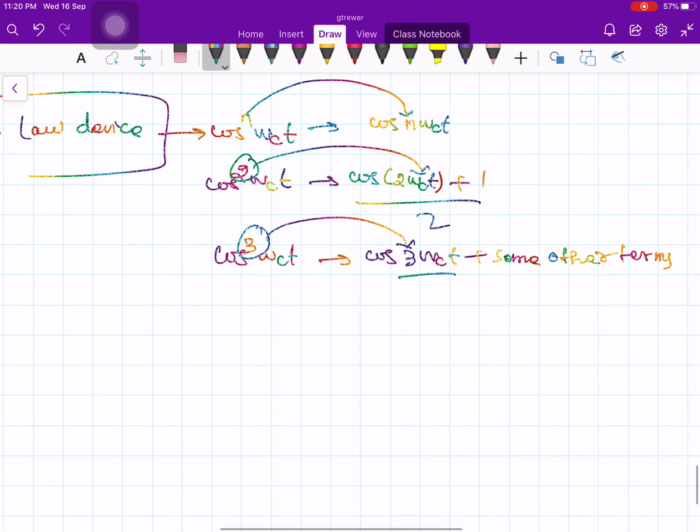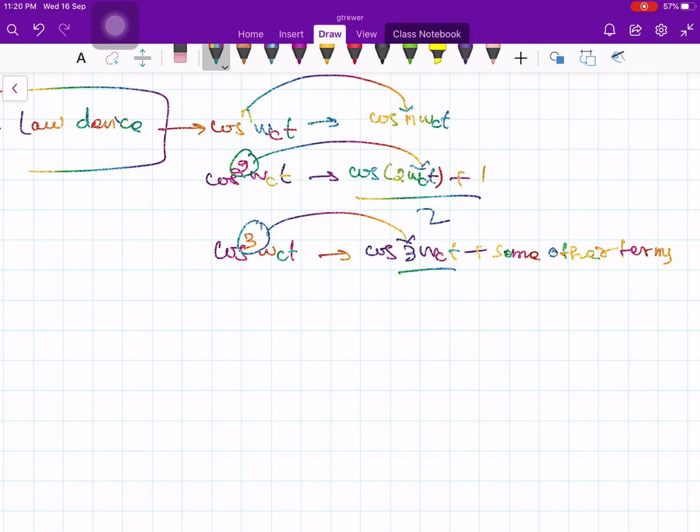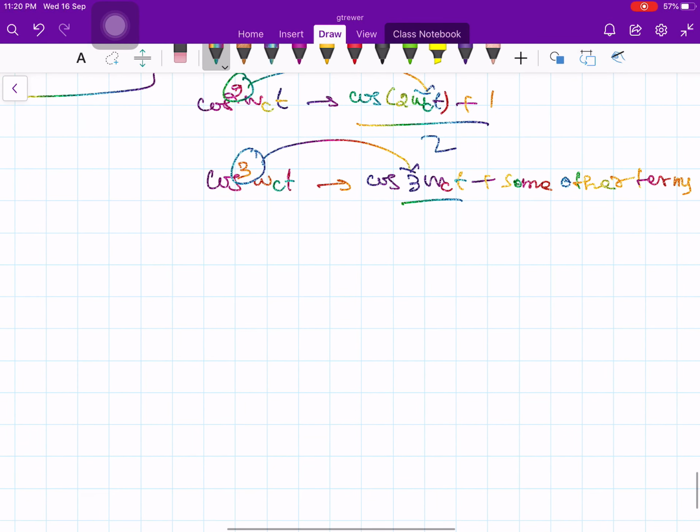So now you can use the trigonometric identities, and among other terms you will get one term corresponding to n times the argument, which essentially means you multiply this argument by the factor n that you are looking for. To remove other terms, you simply put a filter. So to remove other terms, what you have to do is have a band pass filter.